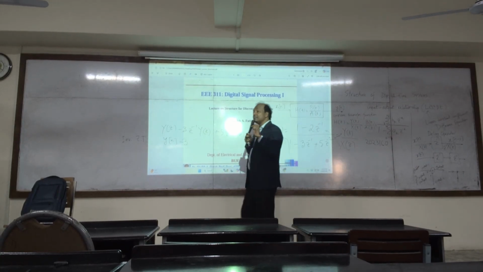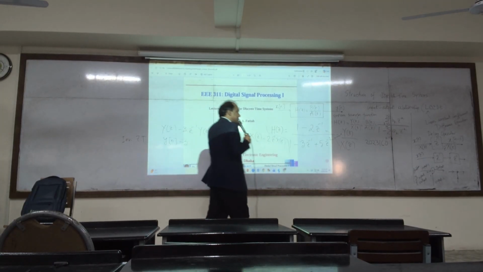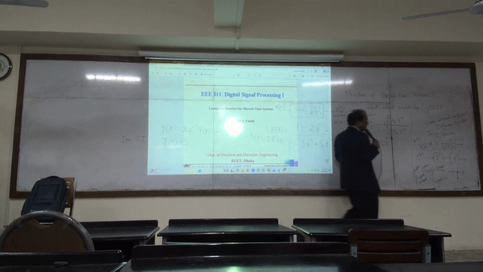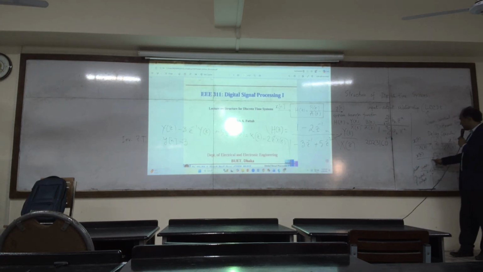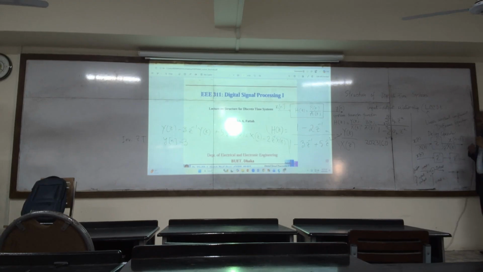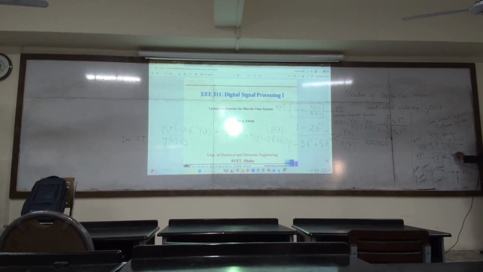So if you have two delay operations, z inverse and then another z inverse, x(n) becomes x(n minus 2), exactly, because here it is x(n minus 1). So these are the operations.